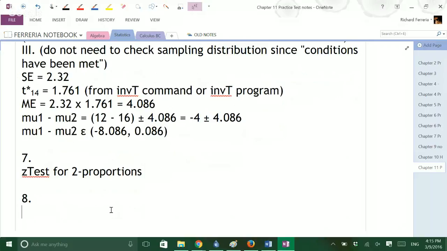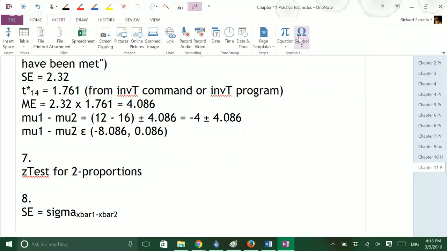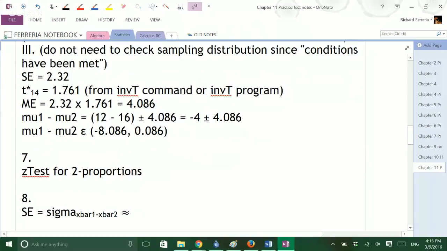So let's get our standard error. Standard error is going to be equal to sigma of X bar 1 minus X bar 2, which is approximately equal to the square root of, what is S1? 4.